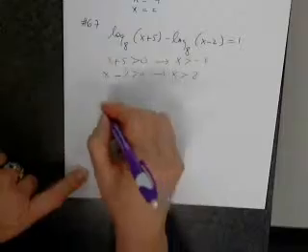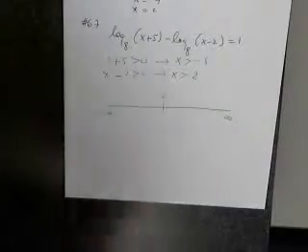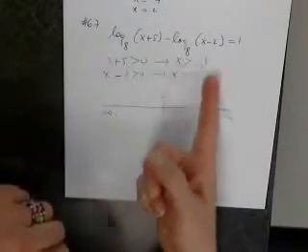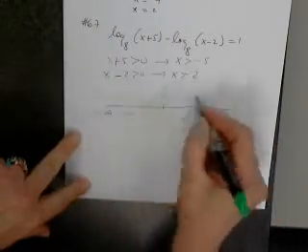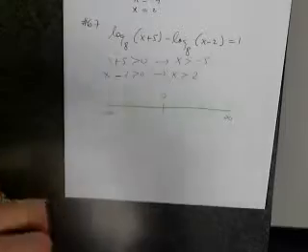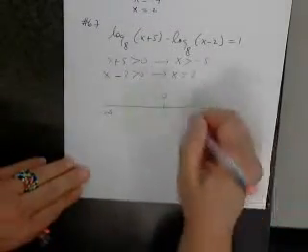Let's graph this, because I think it wasn't clear to everyone, and I apologize for that. When I graph x greater than negative 5, I have to graph this. When I graph x greater than 2, I have to graph this.